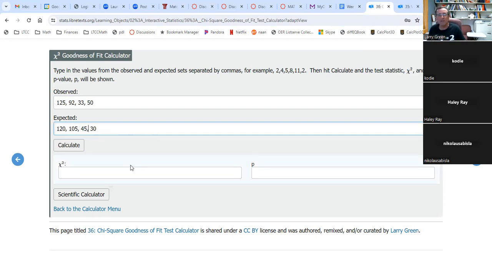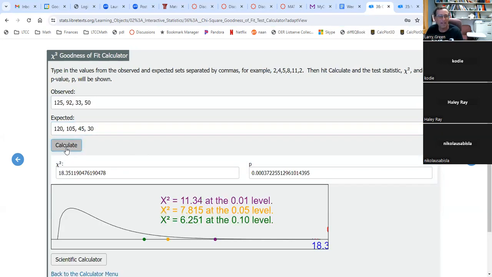Okay, and it's very simple. Again, it's not like you have to decide whether it's a left tail or right tail or two-tailed test. There's just one kind of test with chi-squared. So I just hit calculate. And there we have it. Our chi-squared is 18.35 or so. Okay.